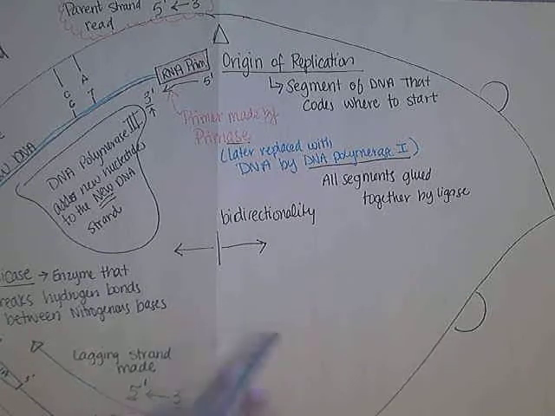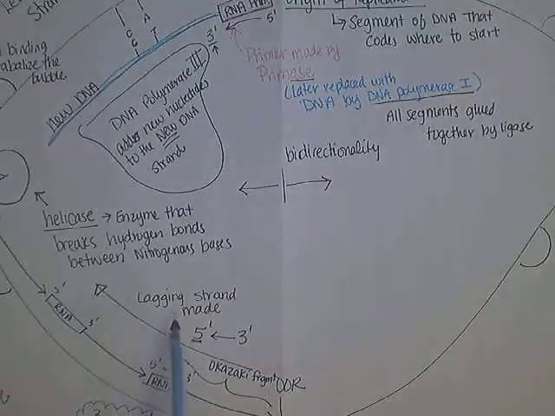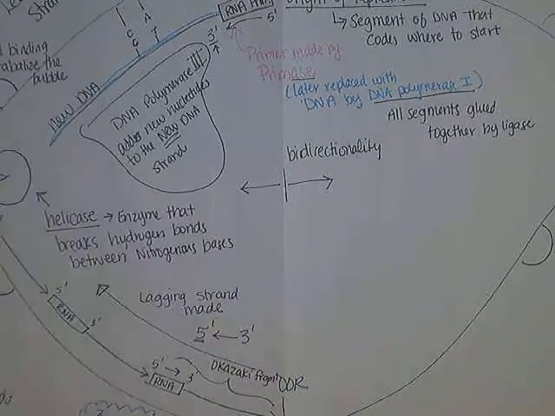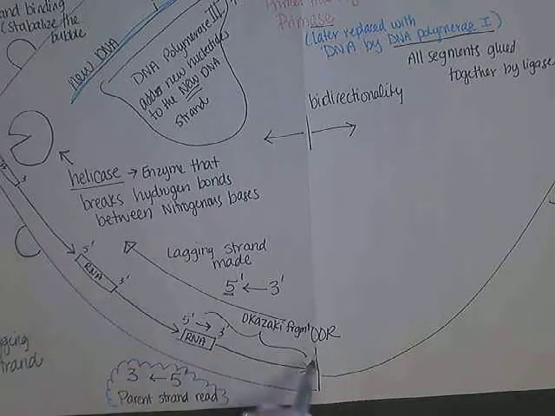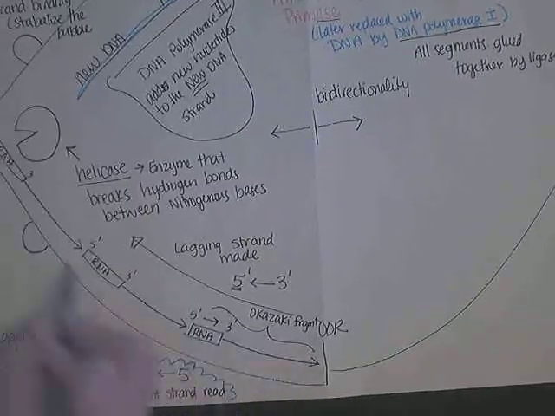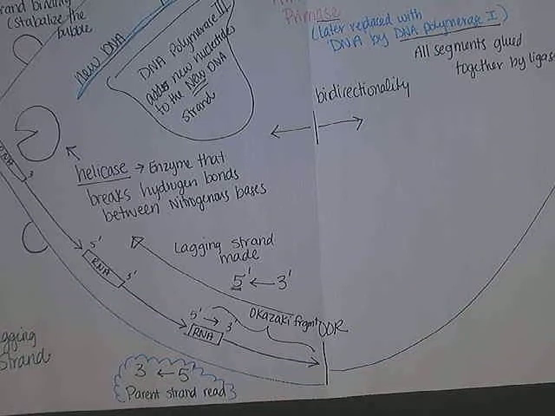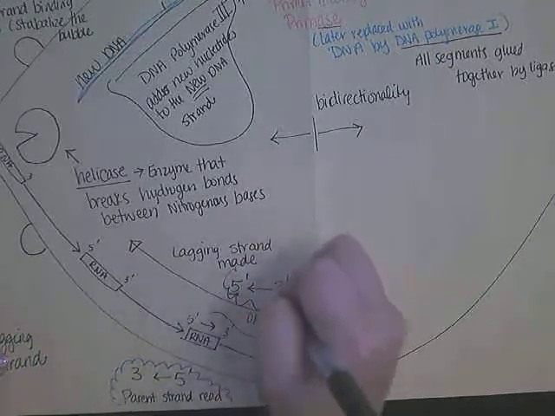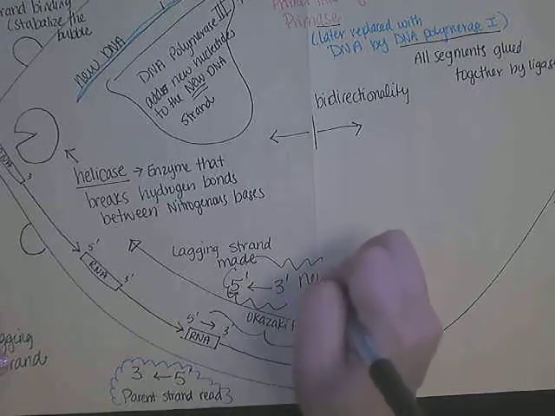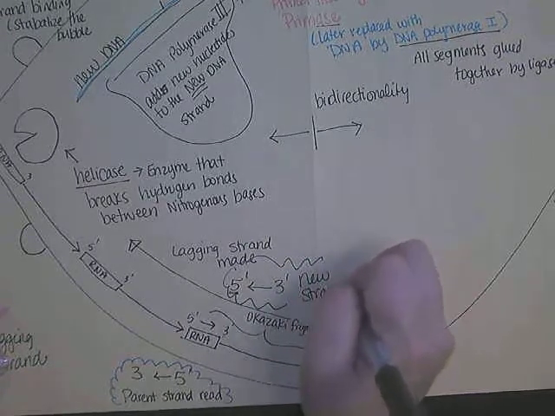The name and the process may seem like it's slower than the leading strand, but it is not. So the way you're going to identify the lagging strand is either by the presence of multiple primers, multiple Okazaki fragments, or another way is by looking at the new strand being made.